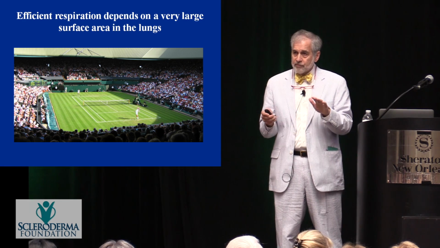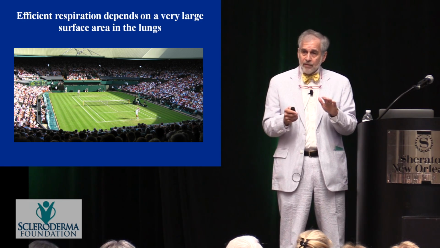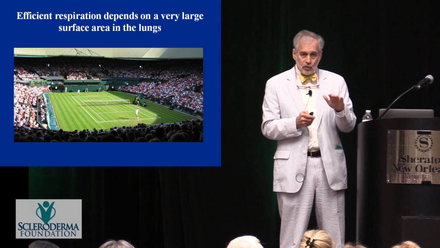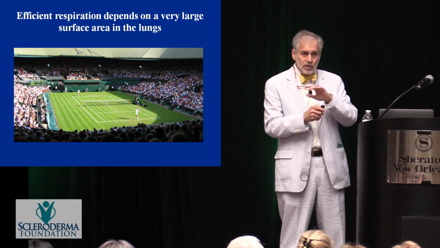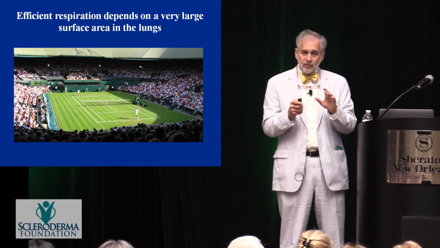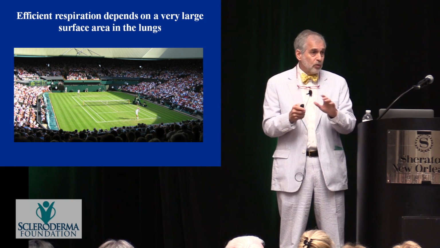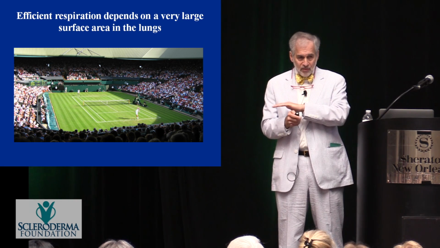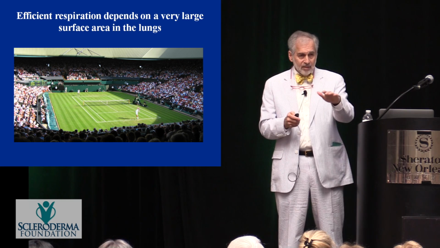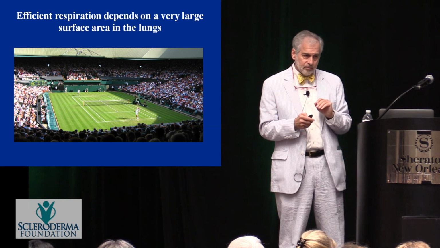And in order to efficiently breathe, you have to have a huge surface area. If you could take those alveoli and move them from 3 dimensions to 2 dimensions and spread them out so they're one alveolus thin, it would take up the area of a tennis court.